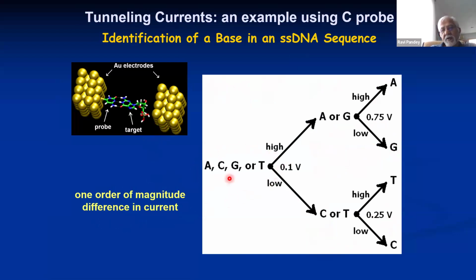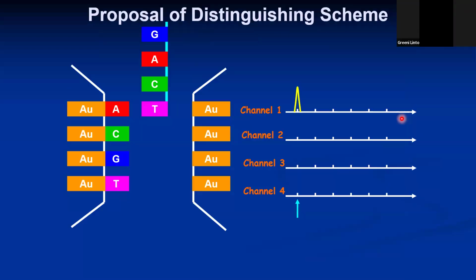We start with all four, adenine, cytosine, guanine, thymine, and there's a high current, and a low current, at a bias of about 0.1. Then we increase the bias. You can see we can distinguish between C and T, and at higher bias between G and A. So given this probe, we can distinguish A, C, G, T.